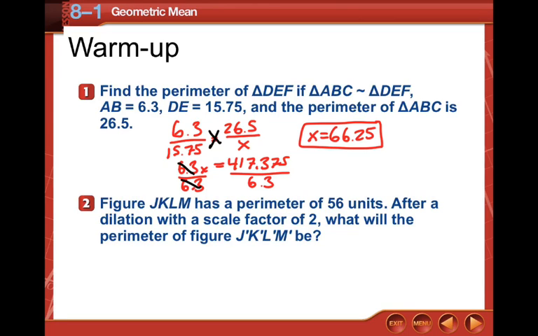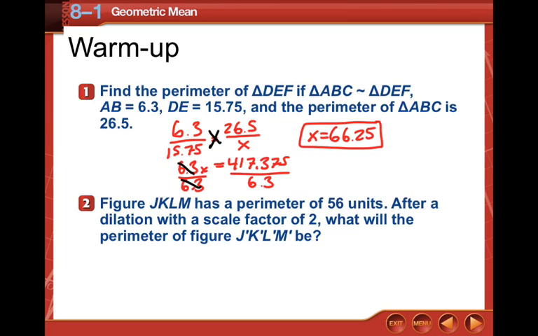So for number 2, again we're looking at perimeter. We have a figure JKLM, so that means it is a quadrilateral since there are 4 points to the name. It has a perimeter of 56 units. We want to look at the perimeter of the new figure after a dilation.